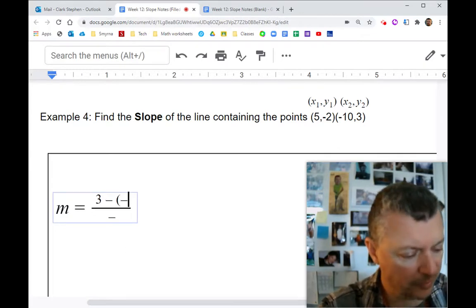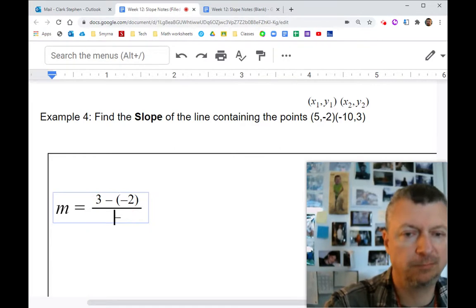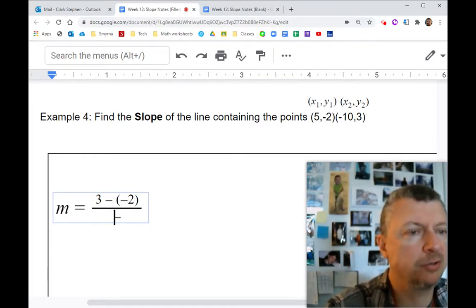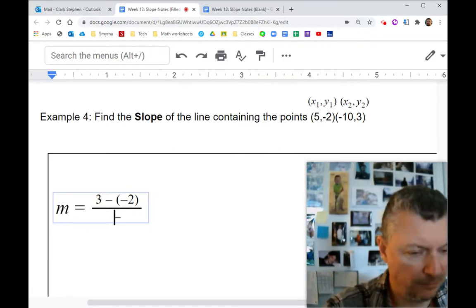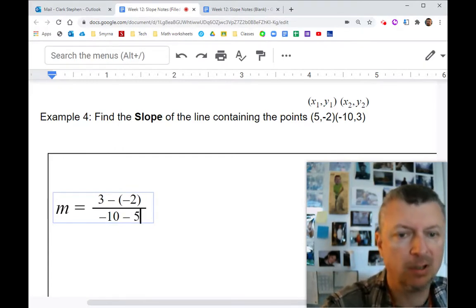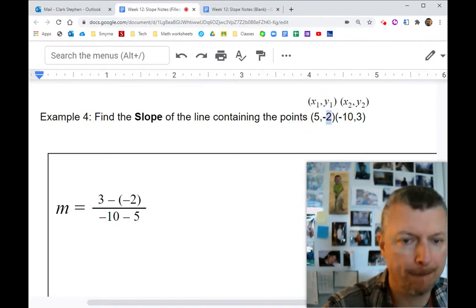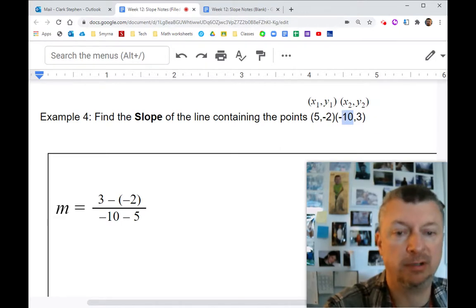So I'm going to put another parentheses up there. 3 minus negative 2. x2 is negative 10, x1 is 5. Let me just double check here. y2 is 3. Yep. Minus y1 is negative 2. Yep. x2 is negative 10. Yep. Minus x1 is 5.